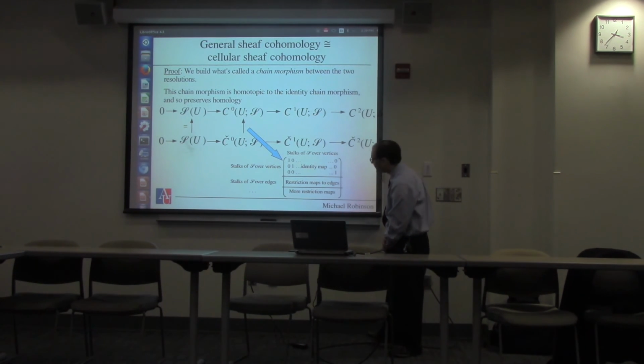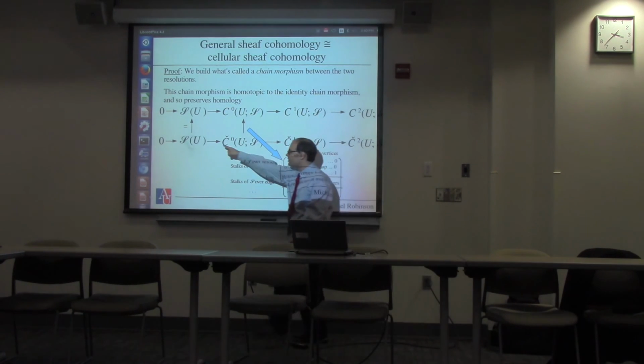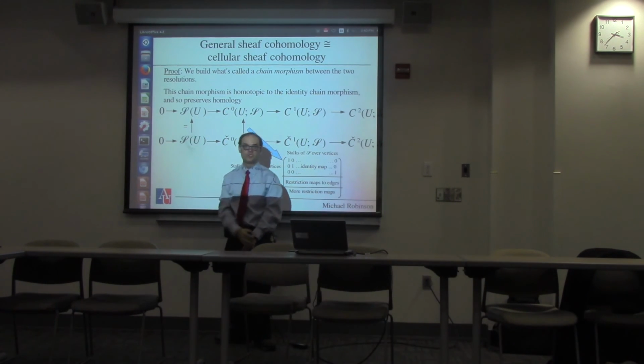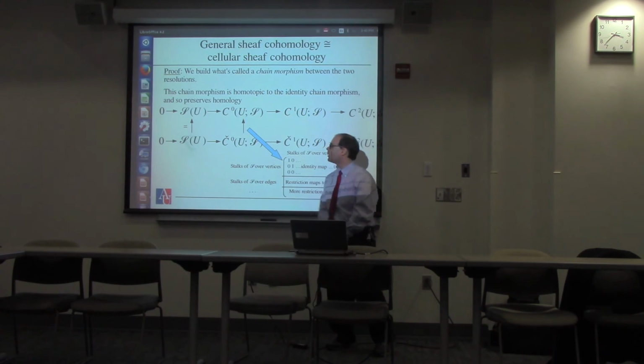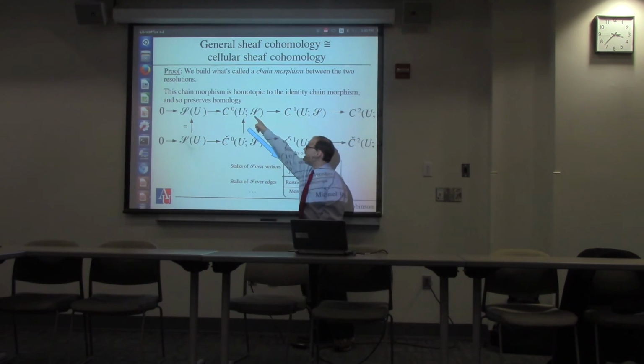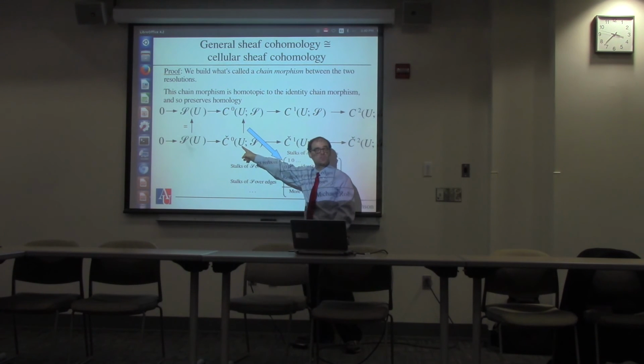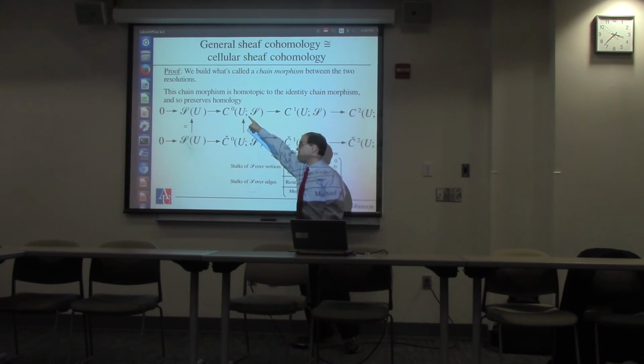So the way you build the map is, on the first level, I can build this arrow right here. That's an equal sign. I don't have to do any work there. Anyone can build that. The second one, well, I ask, what is the data here versus here? This is, remember, the space of all the stalks over the vertices. This is the stalks over every possible open set, or every possible star open set.